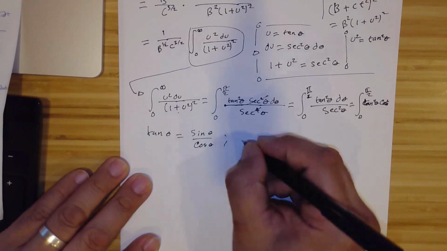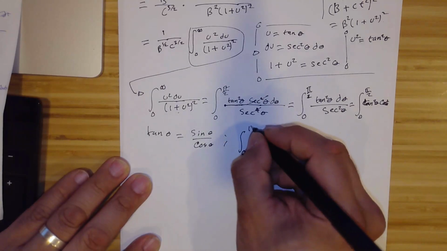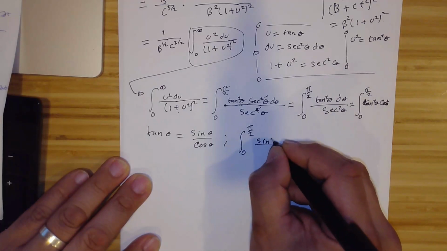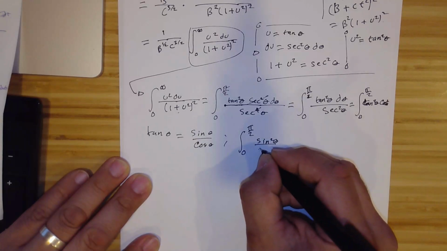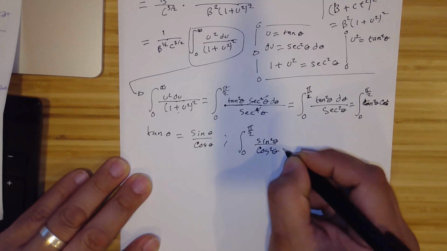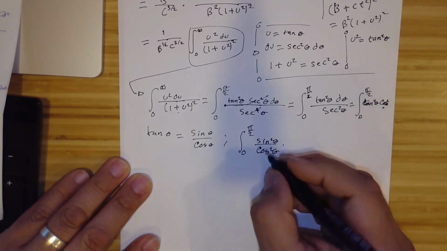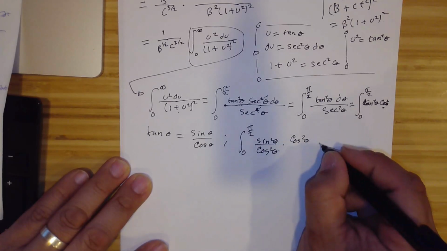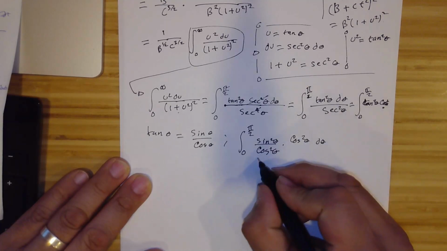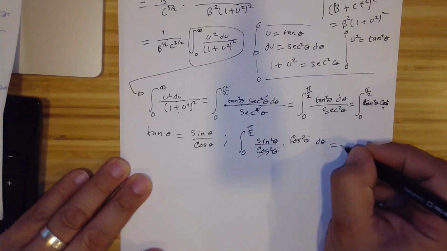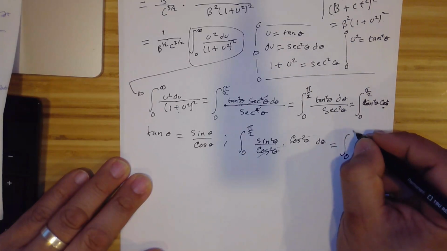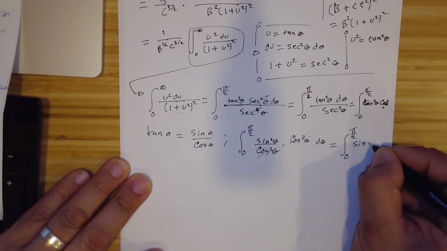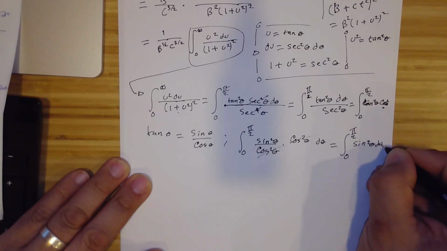So if I have from 0 to pi over 2 sine squared over cosine squared, multiplied by this cosine squared, d theta, we can get rid of this and we will have an easier integral, which is sine squared of theta d theta.